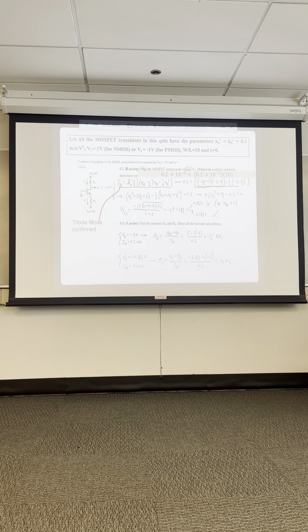These first two parts, minus V sub S minus 1. The gate is at 0 volts, so 0 minus V sub S, that's the gate to source.